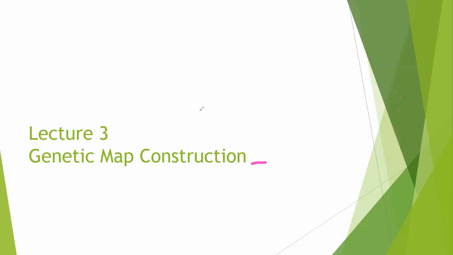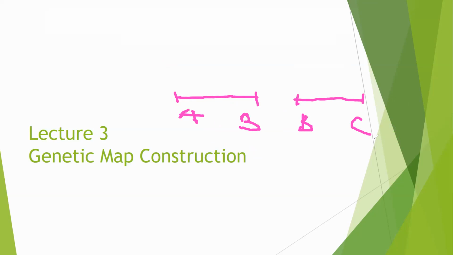Now if we can get the R between A and B, and also the R between B and C, the third locus, by doing the same experiment, either the backcross or F2, we can also estimate the R between A and C.